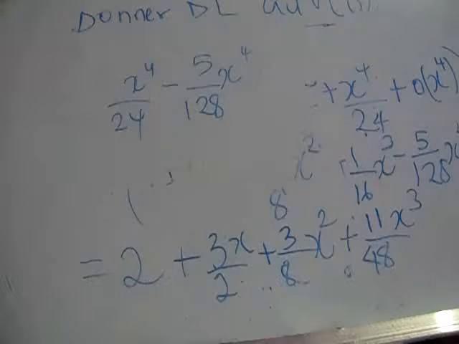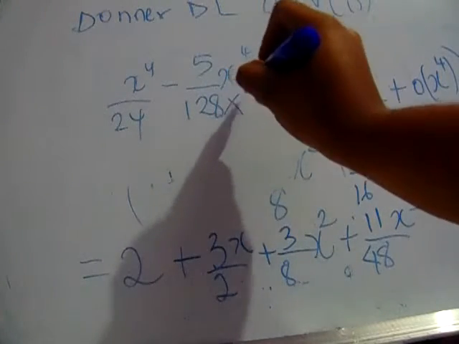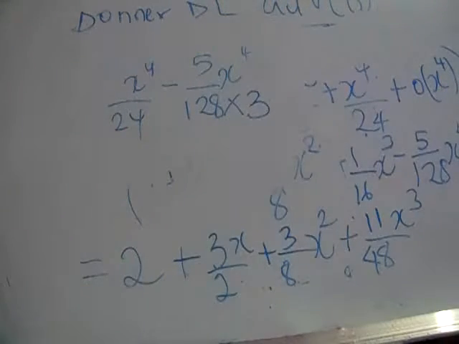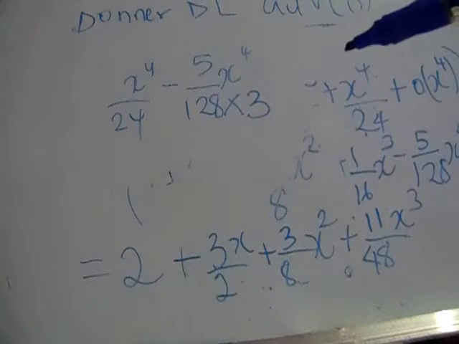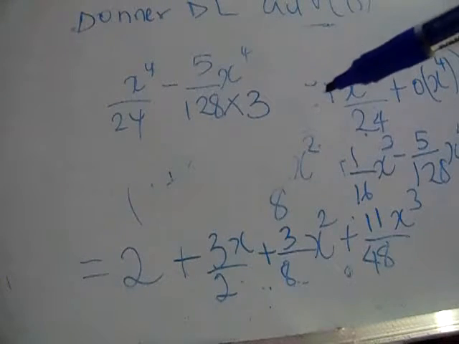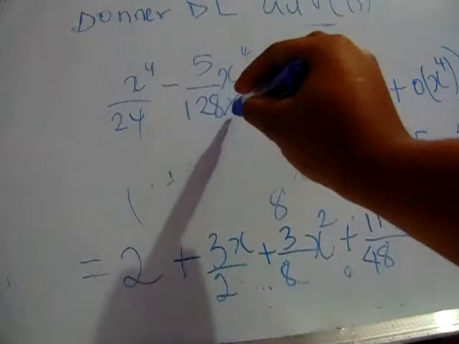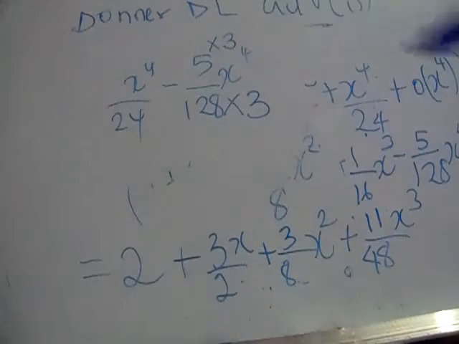So in this case, get the calculator. We have to multiply this by 3. If you multiply this by 3, we are going to get 384. So 128 times 3 will give you 384. You multiply here also by 3.